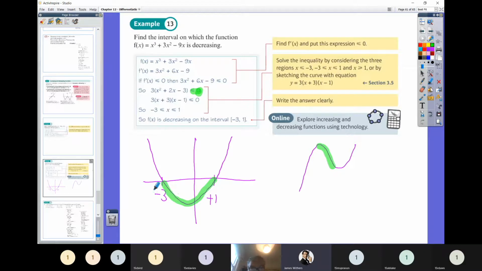But just so we're clear here, because I think I confuse things a bit. It is a cubic graph, so the one on the right-hand side is how it actually looks. We're looking for where it's a decreasing function, this bit here in green on the right. By plotting the differential, where the differential is less than naught is between these values here, so that represents that little bit of the curve. I hope that's clear.